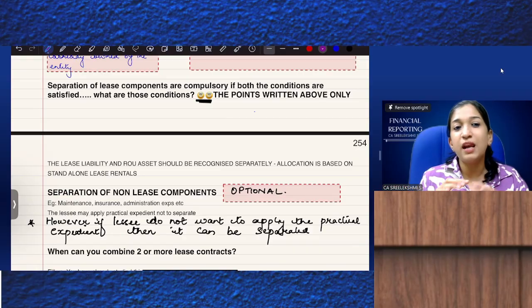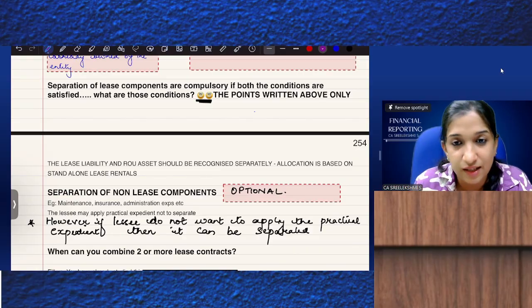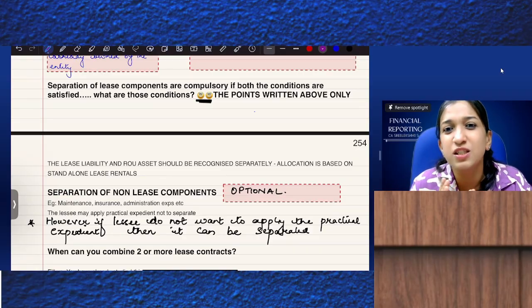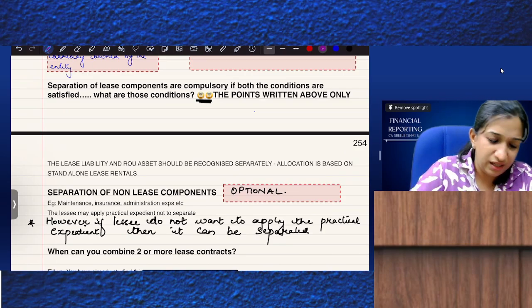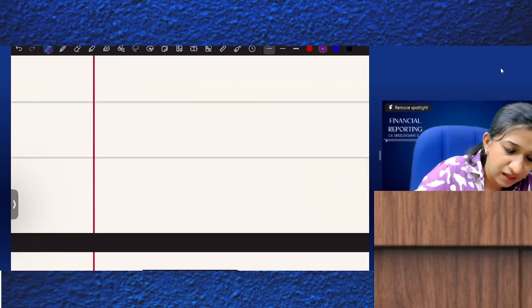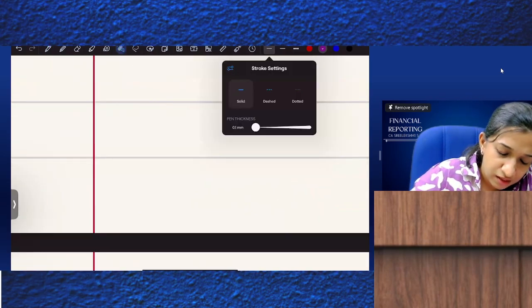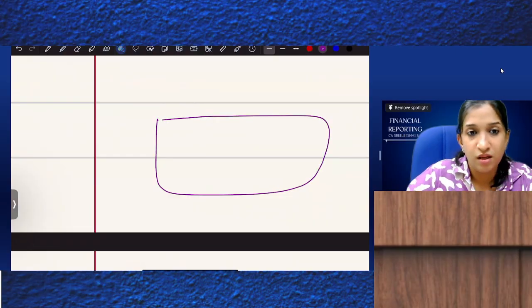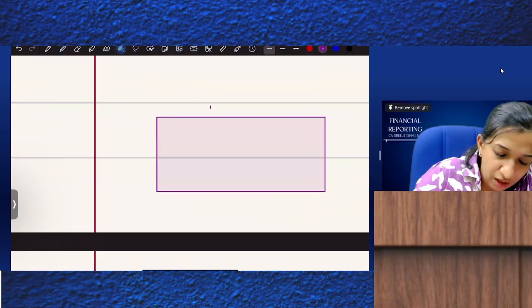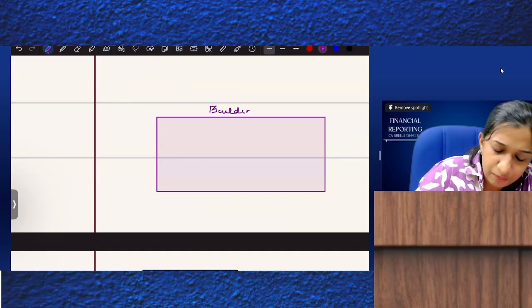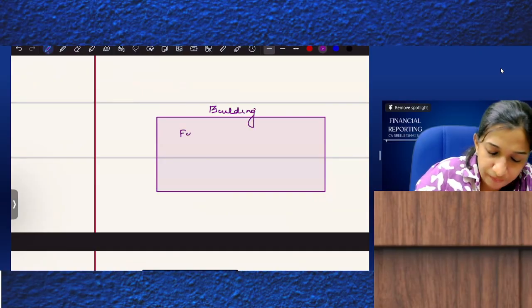Now, if there are multiple components in a lease arrangement, should I separate them? That is, in a contract where I am taking a building on lease. In that building, there is furniture. There are electrical equipments.